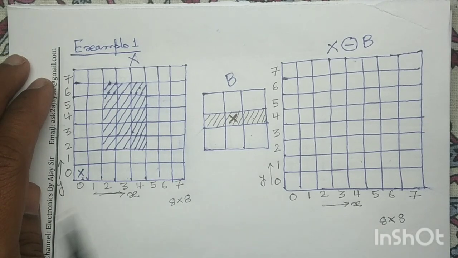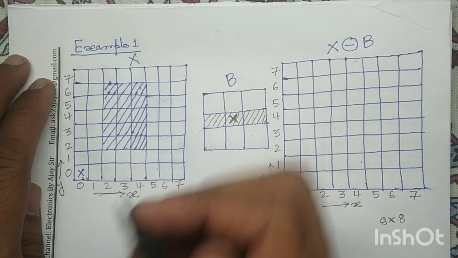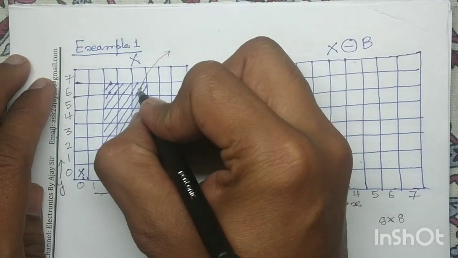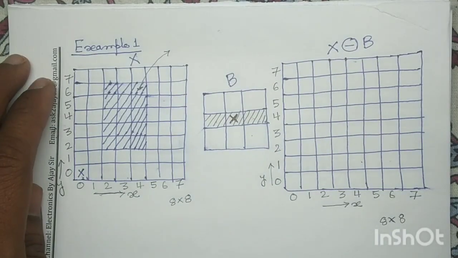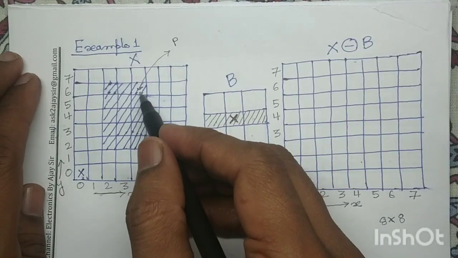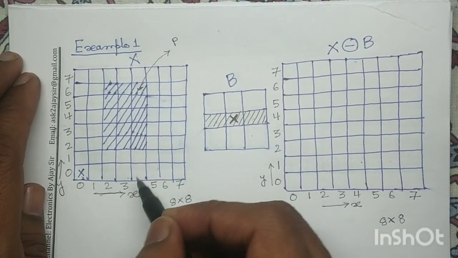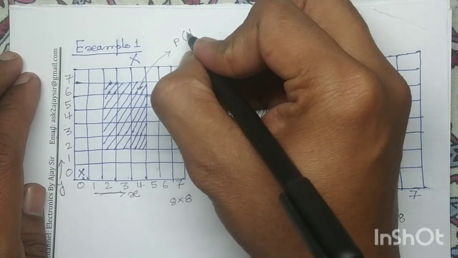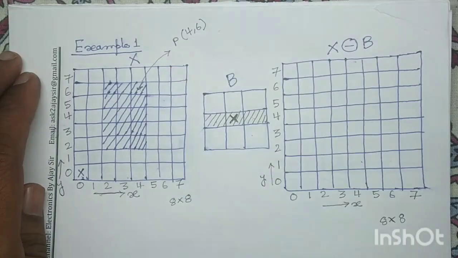Among all these object pixels, let us examine this pixel first. Mark it as the pixel P, and the coordinate of this pixel P along X is 4, along Y is 6. So I will write the coordinate of P as 4, 6.